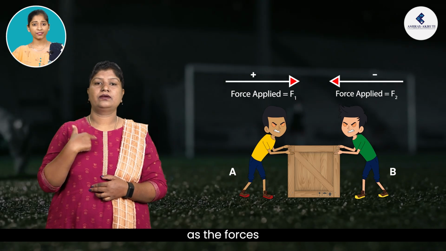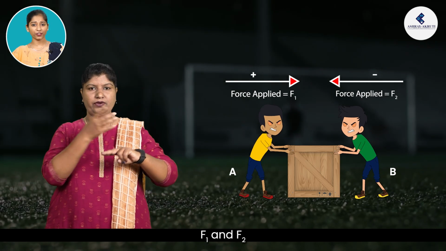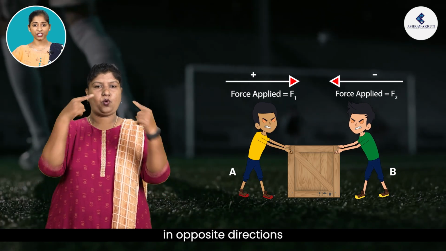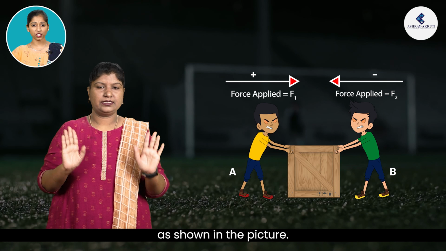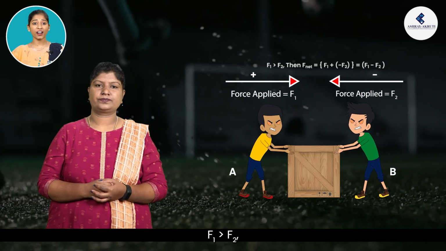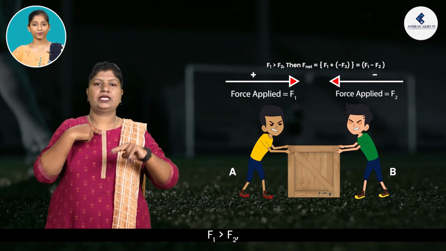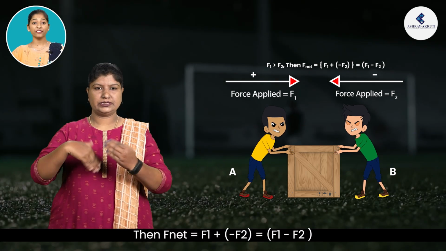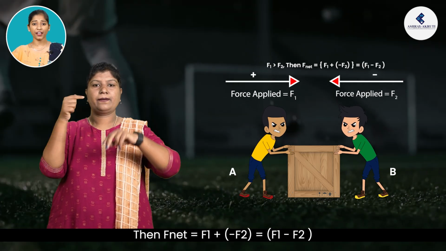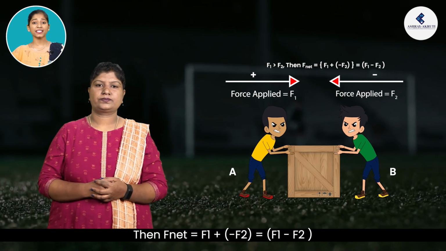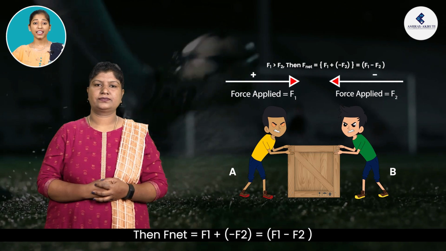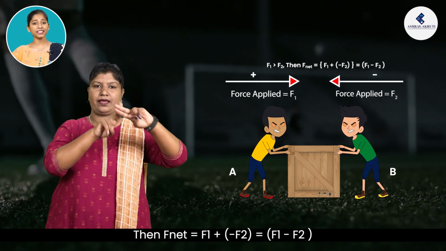As the forces F1 and F2 act on the table in opposite directions as shown in the picture, assume F1 is greater than F2. Then F net is equal to F1 plus (minus F2), as F2 is opposite to F1, which is equal to F1 minus F2.